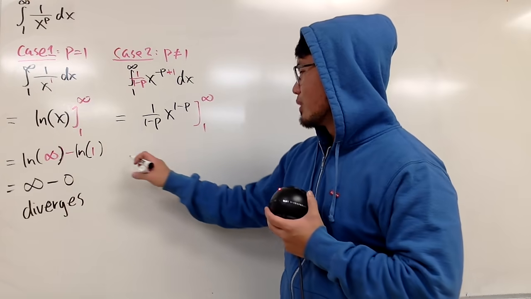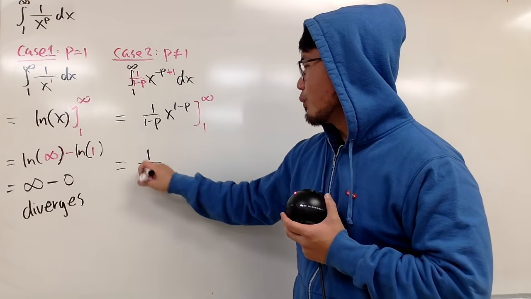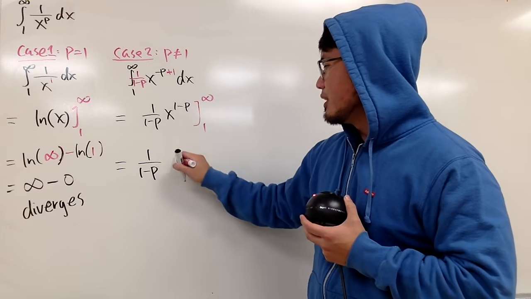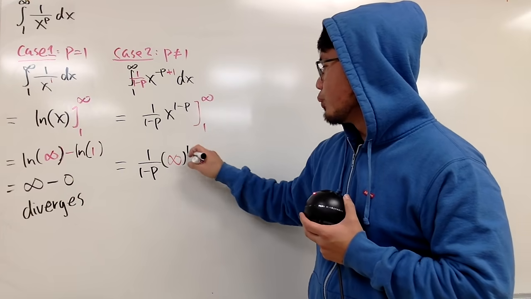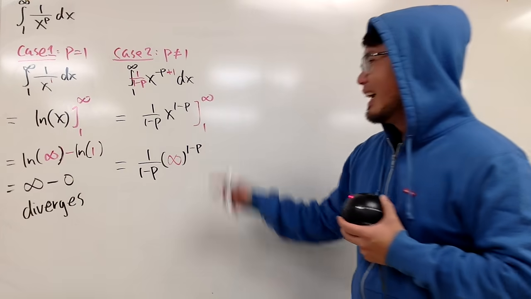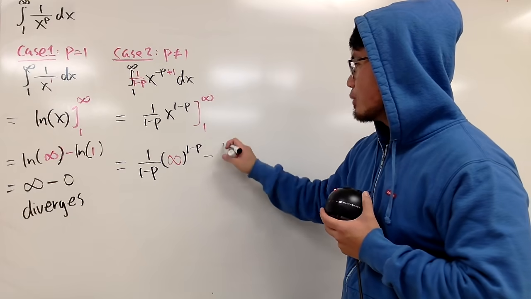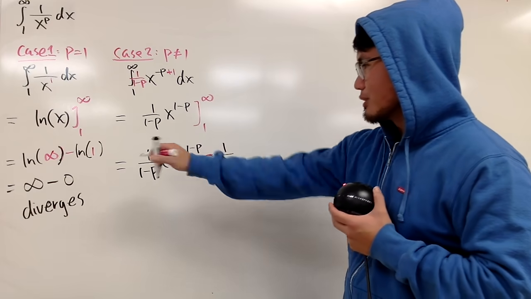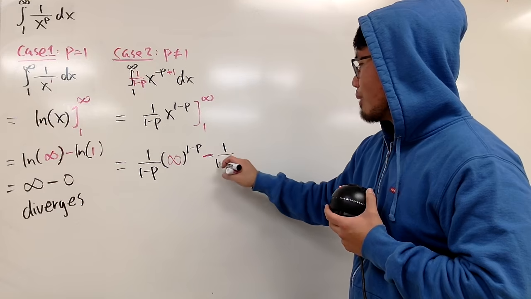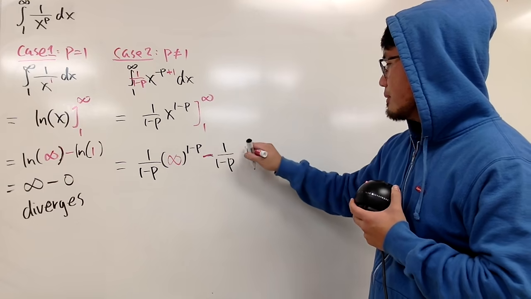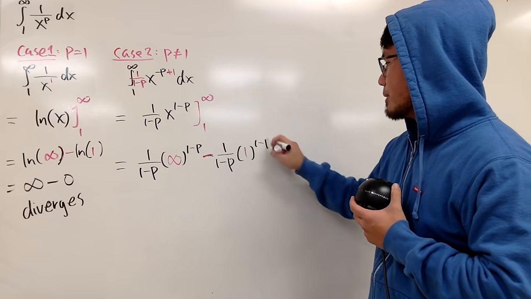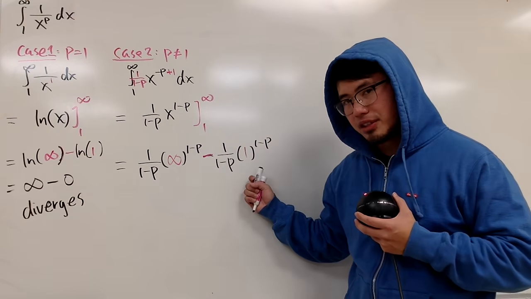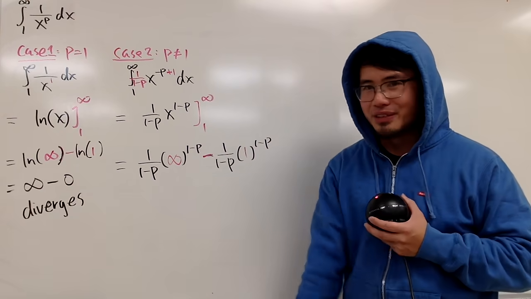Okay, let's take a look at what that is going to be. We have 1 over 1 minus p, put infinity here, and then raise that to the 1 minus p's power. And then you put a 1 there, so we have minus 1 over 1 minus p, and the 1 in there to the 1 minus p's power. This is easy. This right here, do it carefully.